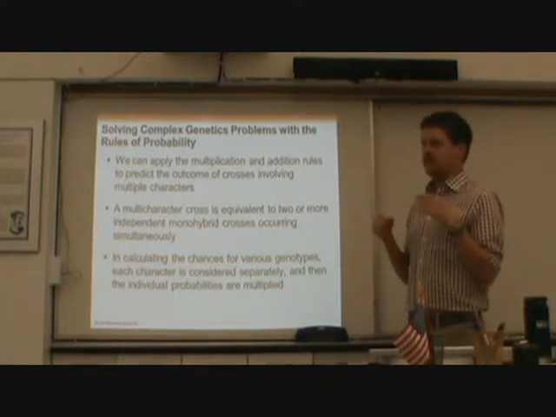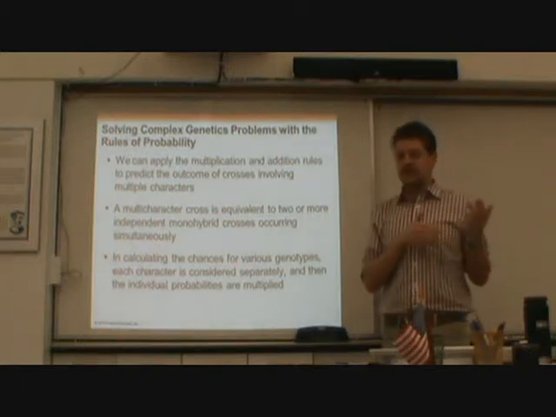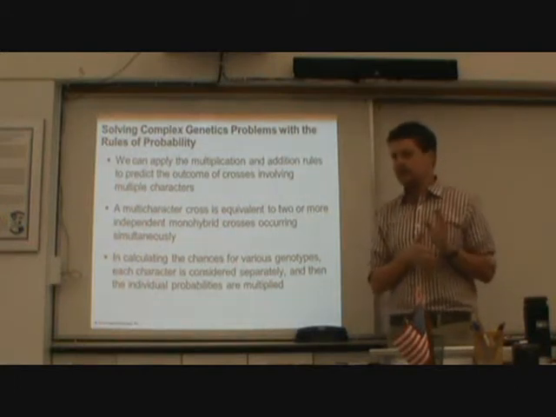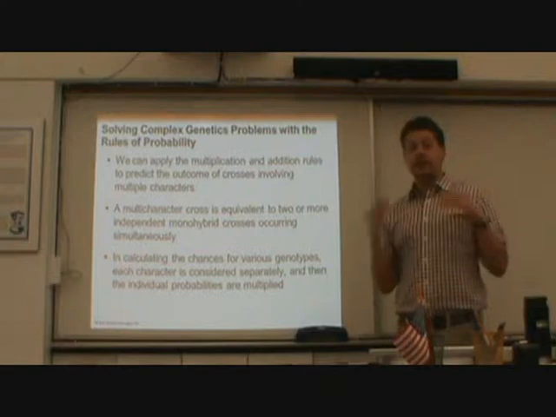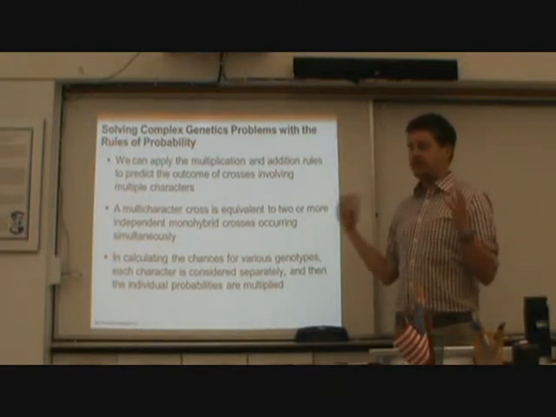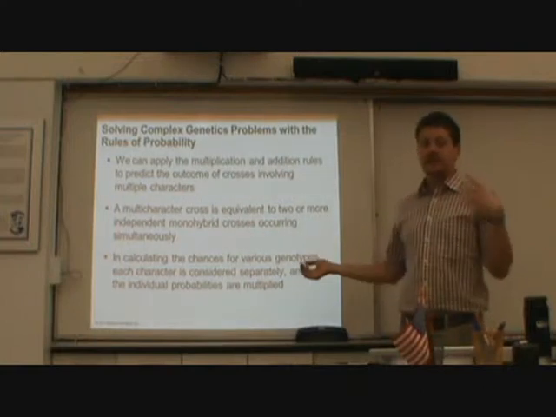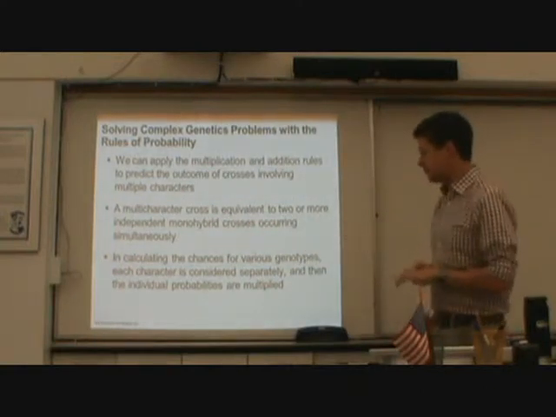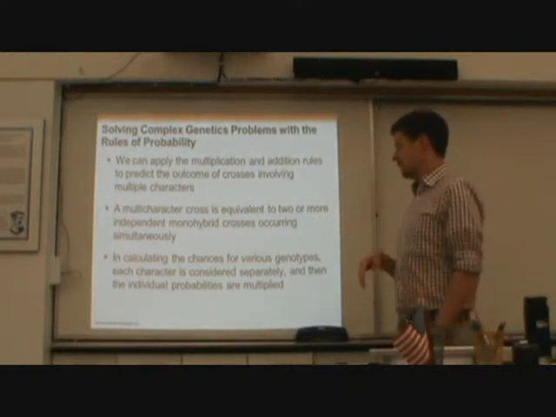Because those different genes, as long as they're not on the same chromosome too close together, are independently assorted, we can look at these as different monohybrid crosses happening at the same time.